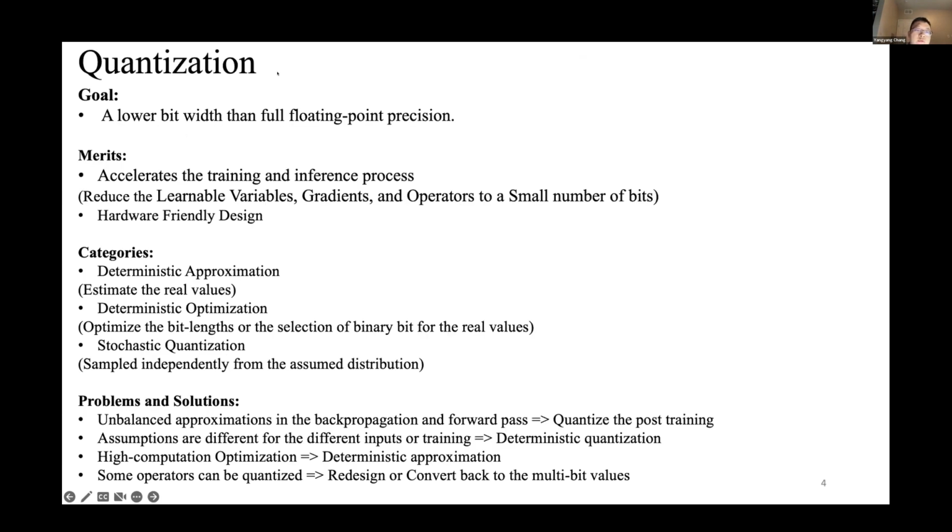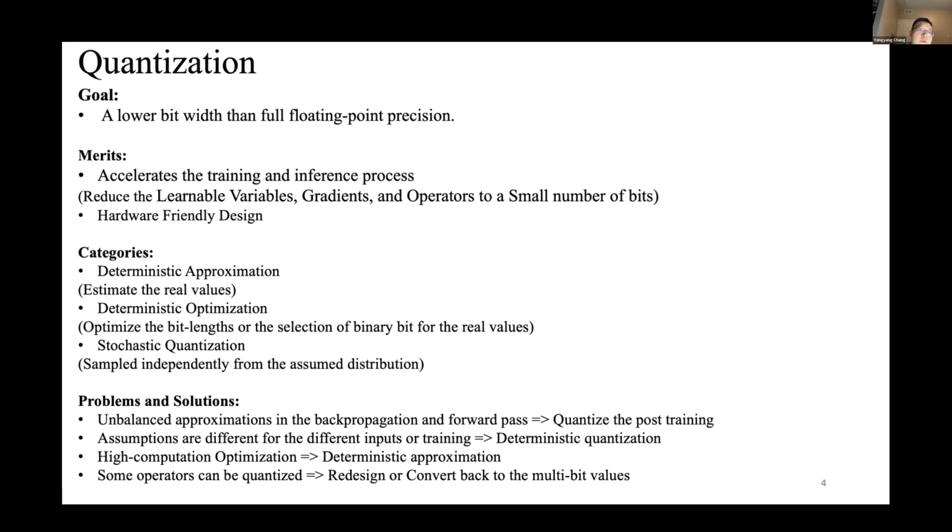Okay, so let's move on to quantization. The goal of quantization is that we want to use a lower bit width than the full floating point precision. The merits from this quantization, I mean advantages: first, we can accelerate the training and the inference process because we reduce the learnable variables, gradients, and operators to a small number of bits. And also we can achieve a very good hardware design. It's very friendly.